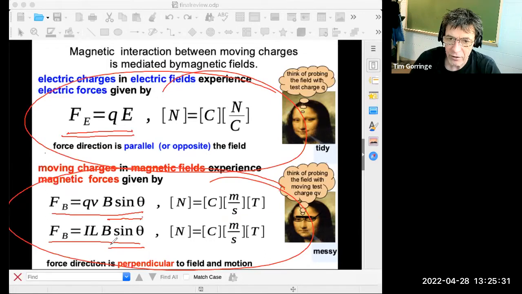On the other hand, the magnetic force on a moving charge or electrical current acts in a direction that's perpendicular to the directions of the field and the directions of the current or the moving charge. So the direction of the force for magnetism and the direction of the force for electricity follow these different rules.